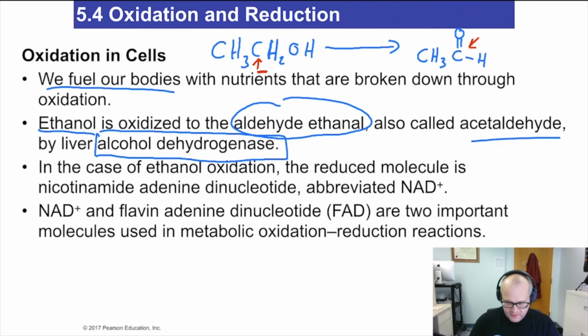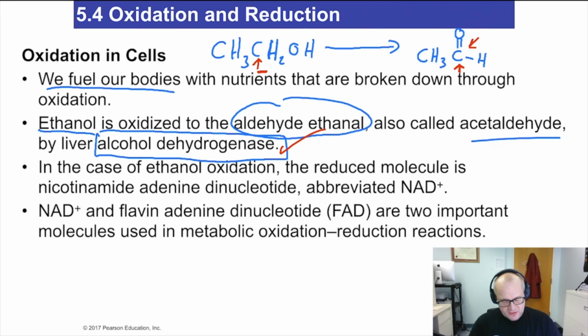Now, if you look over here, that carbon only has 1 hydrogen bonded to it. Loss of hydrogen is oxidation. Okay? So this carbon is being oxidized by alcohol dehydrogenase.